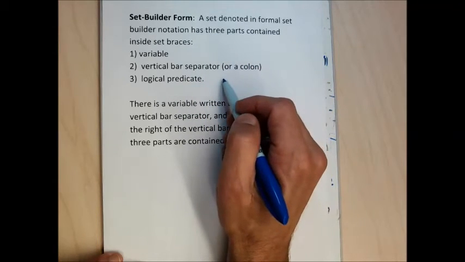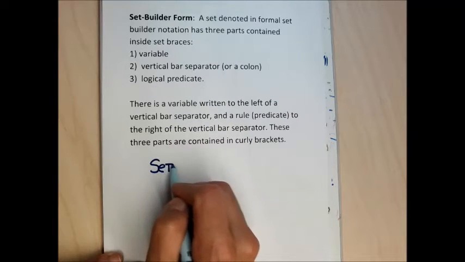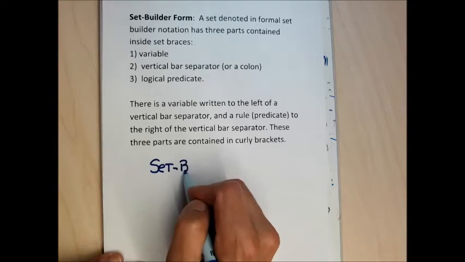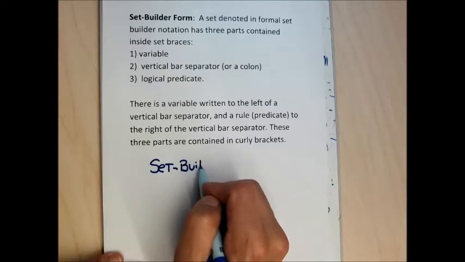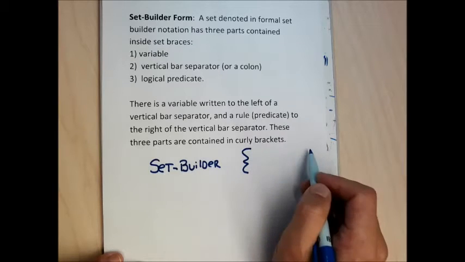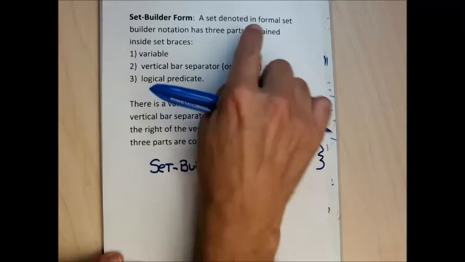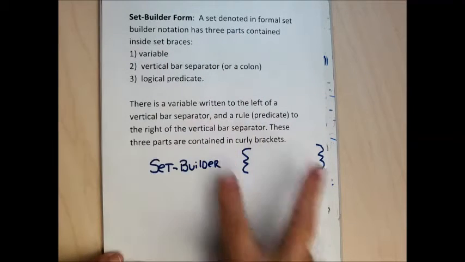So when I use set builder form or set builder notation to define or describe a set, it has the curly braces or the set braces in the definition. So it has 3 parts inside set braces.